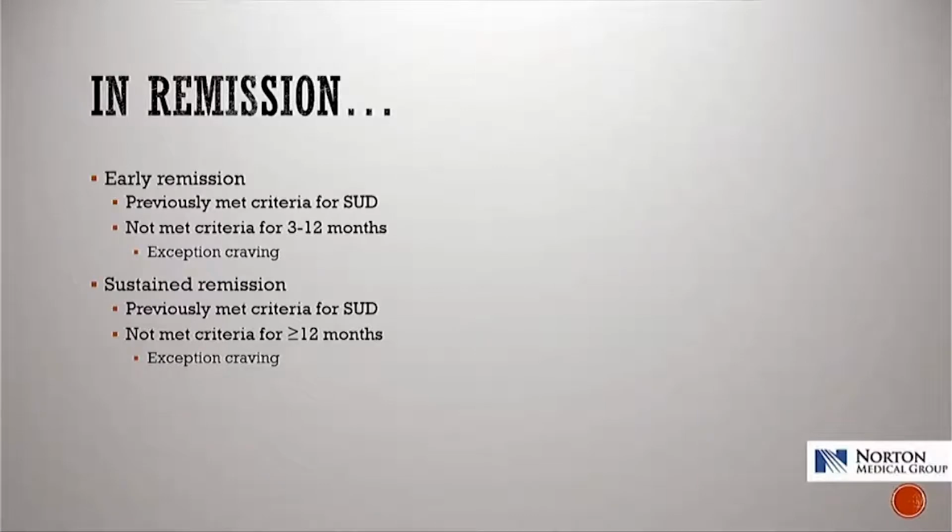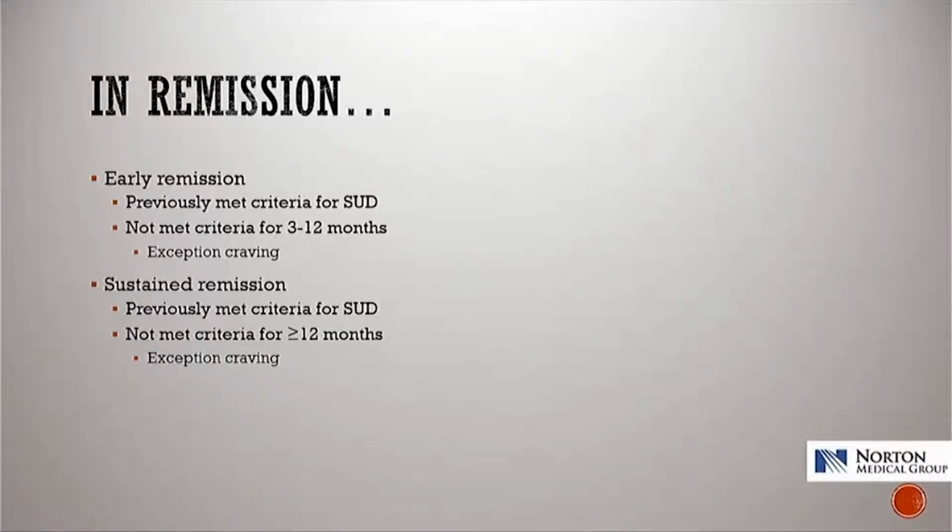That means they're in remission. The exception to that is craving, because everybody has craving to some degree, in some format with substances, even months and years after they stop that substance use. So the only thing that does not count in that criteria for remission is craving.